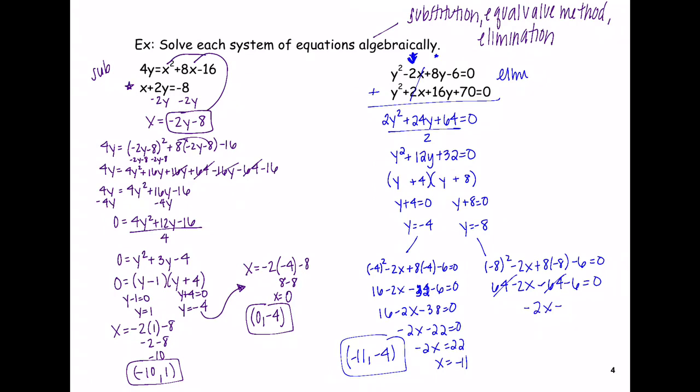Negative 2x minus 6 equals 0. Add your 6. Divide by negative 2. And x is equal to negative 3. So our other point of intersection for these two parabolas is (-3, -8).